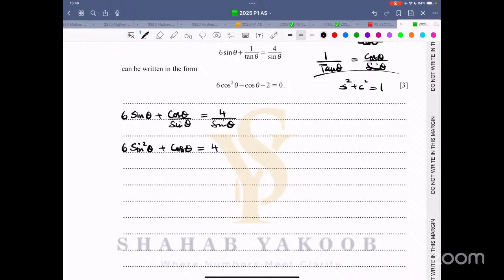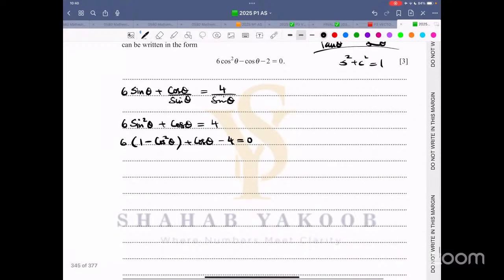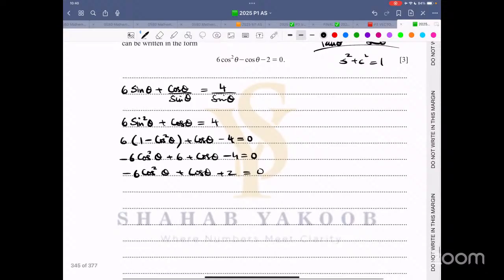Therefore sine square is 1 minus cos square. 6 into 1 minus cos square theta plus cos theta minus 4 equals 0. Minus 6 cos square theta plus 6 plus cos theta minus 4 equals 0, negative 6 cos square theta plus cos theta, 6 minus 4 is positive 2, equals 0.